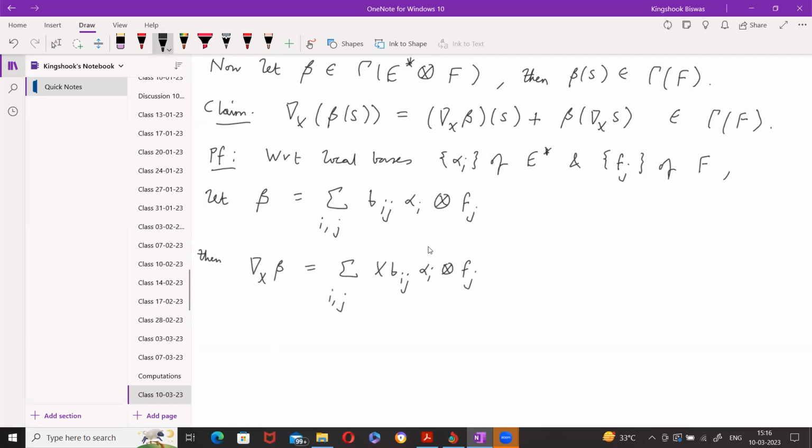There again, we know that the induced connection on the tensor product satisfies the Leibniz rule. So I'll get two terms, one where you differentiate alpha I and one where you differentiate Fj. So this will give me plus Bij nabla X alpha I tensor Fj plus Bij alpha I tensor nabla X Fj. All right.